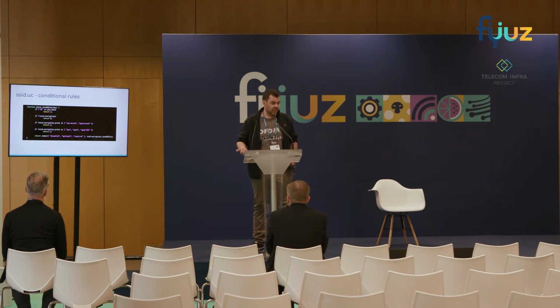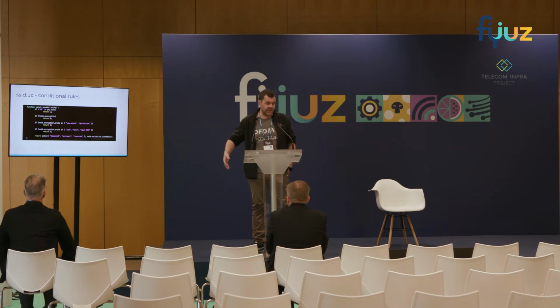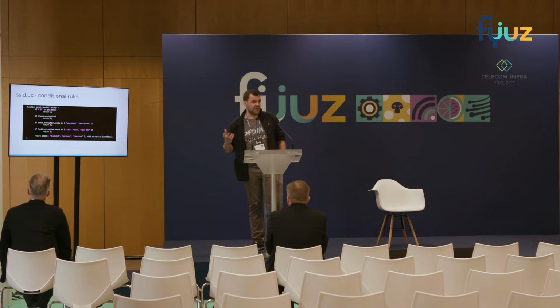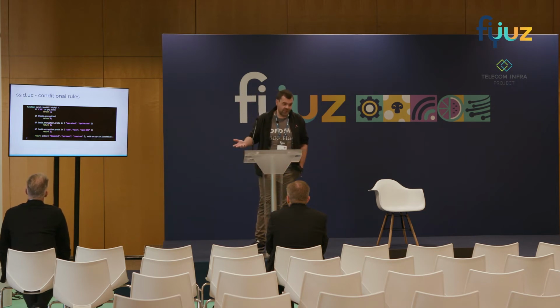There are certain Wi-Fi encryption modes which require it to be enforced or optional. All your 6 gigahertz, your SAE, your WPA3 and so on, they actually hard require you to enable management frame protection. All your SAE mixed modes have it optional. And obviously if you have no encryption, then we force no MFP. If none of the specific corner case requirements get hit, then we just use what the user told us to use.